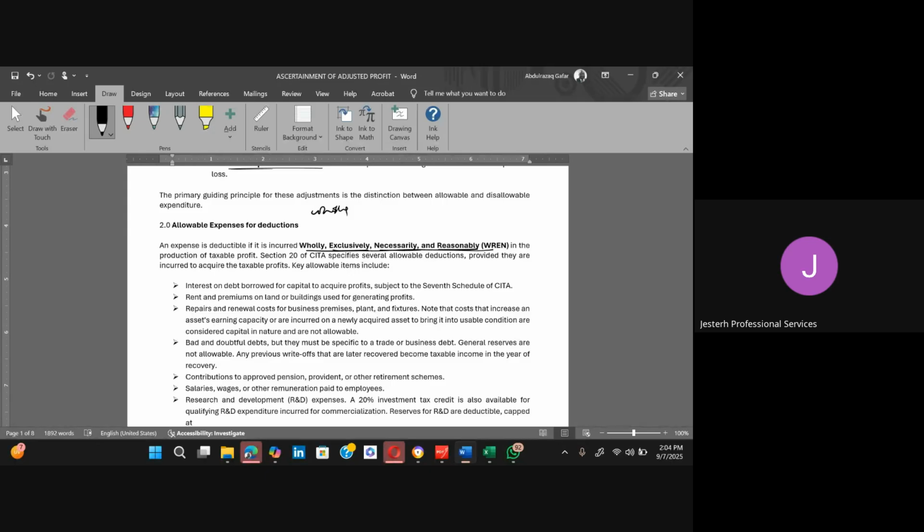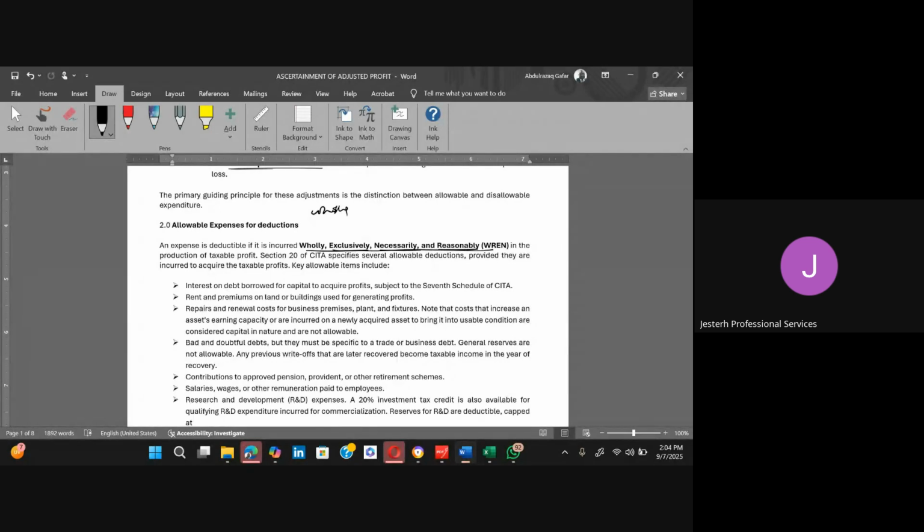It must also be exclusively, purposely for that business. What we are saying here is that you cannot bring an expense from another business into your own business to reduce your taxable profit. It will not be acceptable. It must also be necessarily incurred. If an expense is not necessary, it will also be disallowed. And then it must also be reasonable enough.